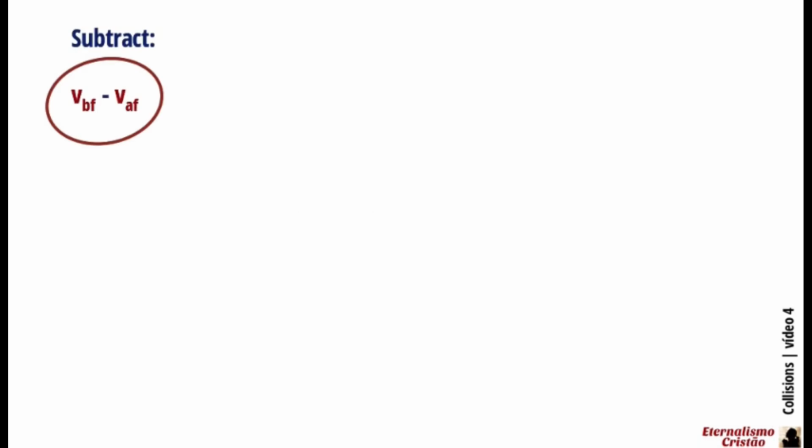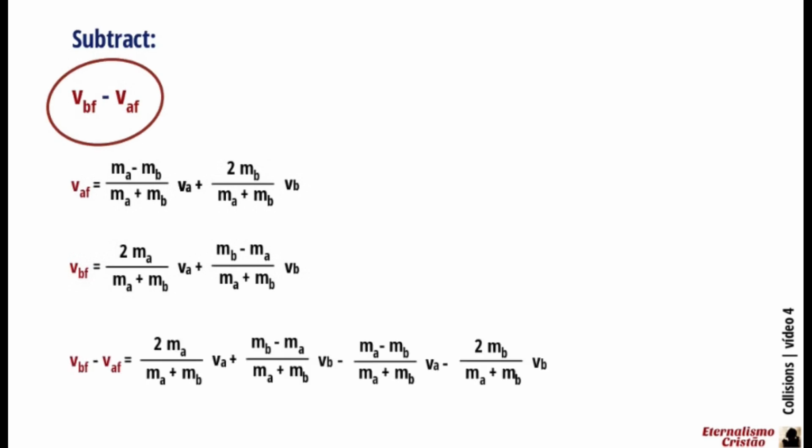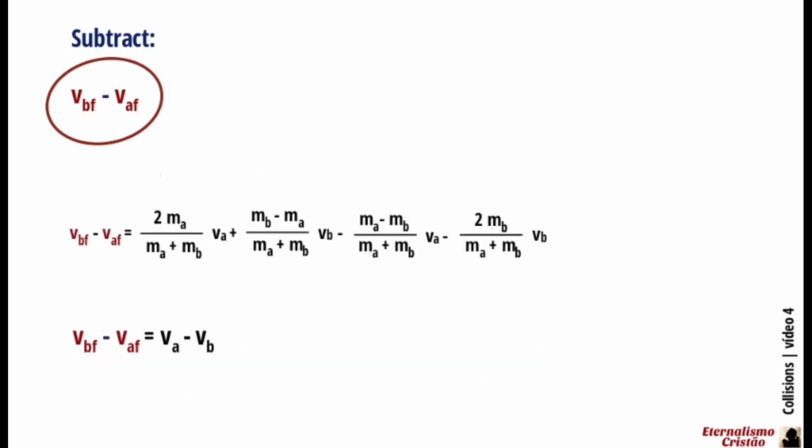Subtract the final velocities, VB final minus VA final. This is the separation velocity. The approaching velocity equals the separation velocity, in perfectly elastic collisions, even when the masses of the two bodies are not equal.